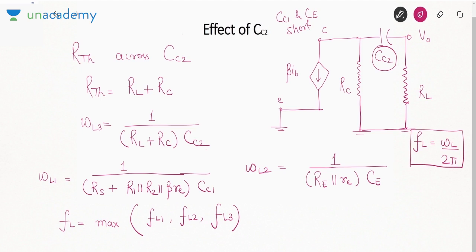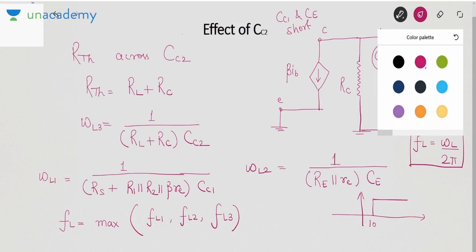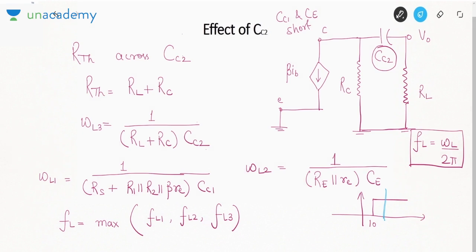Okay. Now why have I taken the maximum? See, if there is one function which is passing everything above 10, then there is another function which is passing everything above 15. If I ask you, if we use these two systems, which frequencies will be passed? You will take the intersection.